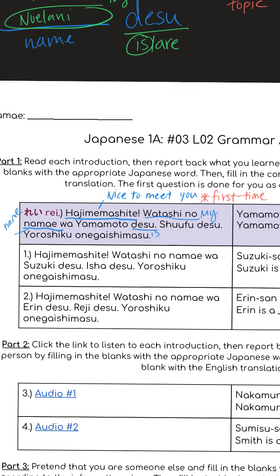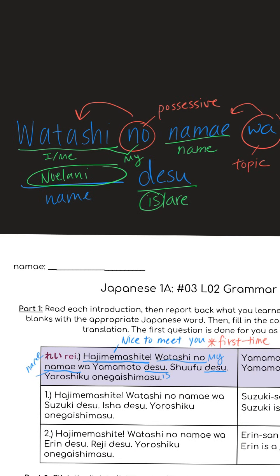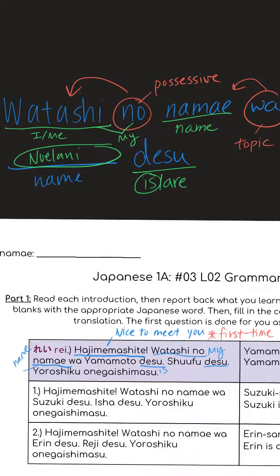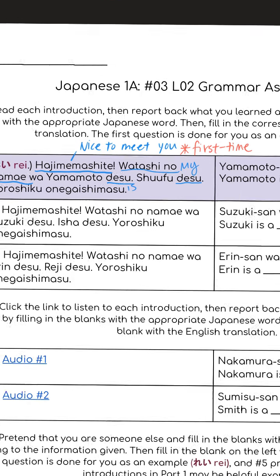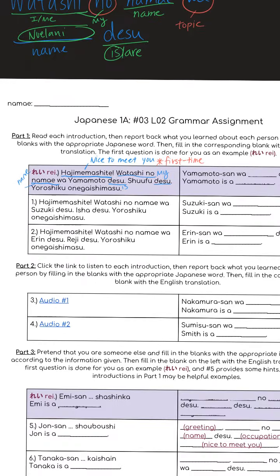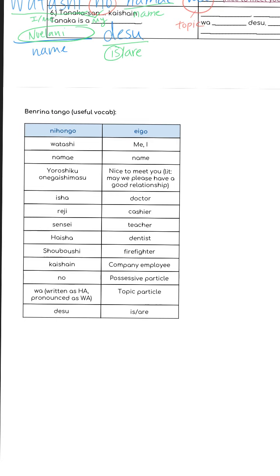Okay, on to the next sentence. Shufu desu. Okay, so do you remember what desu means? If we look back at our example sentence up here, desu means is or are. So this person's saying that they are a shufu. What does shufu mean in English? Let's check out our benrina tango, our useful vocabulary.